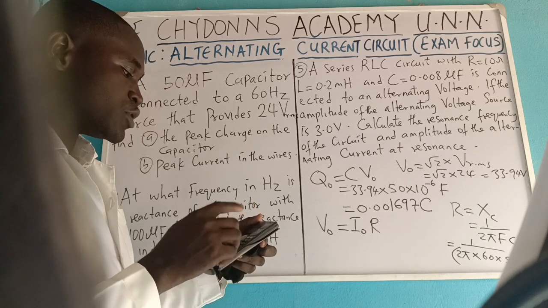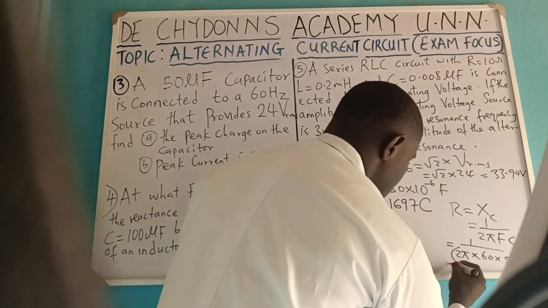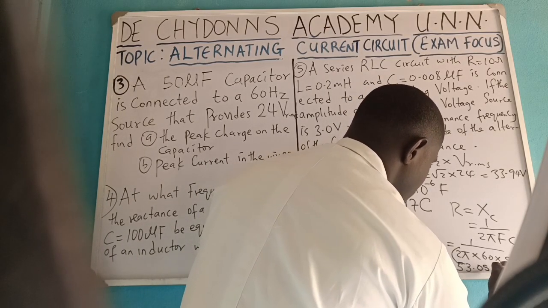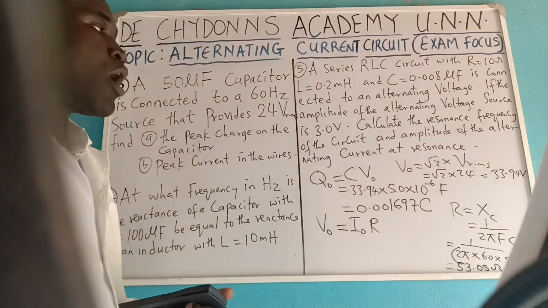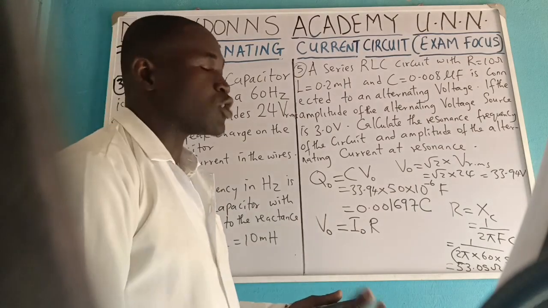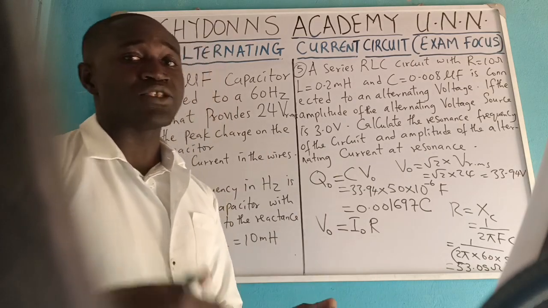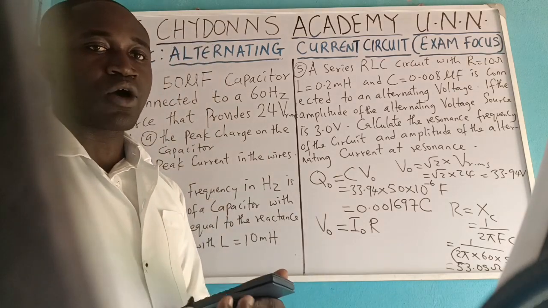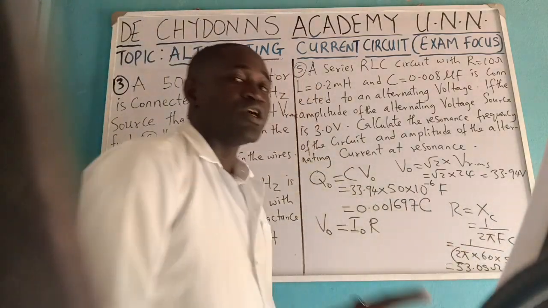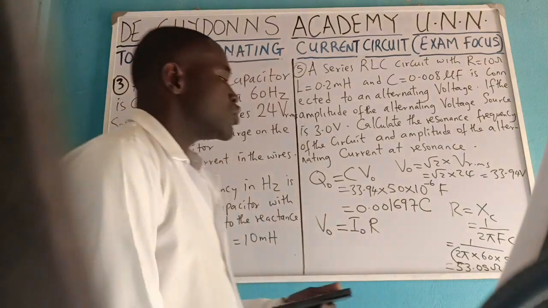We'll get the inverse of it, and we'll have it to be 53.05 ohm. Because we said capacitive reactance is opposition to flow of electric current. Inductive reactance is also opposition to flow of electric current. So capacitive reactance is opposition to flow of electric current offered by the capacitors. Inductive reactance is opposition to the flow of electric current offered by the inductors.